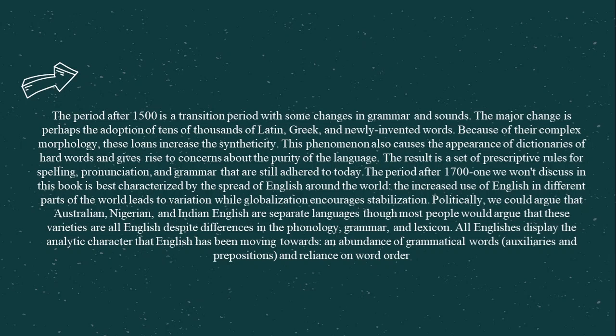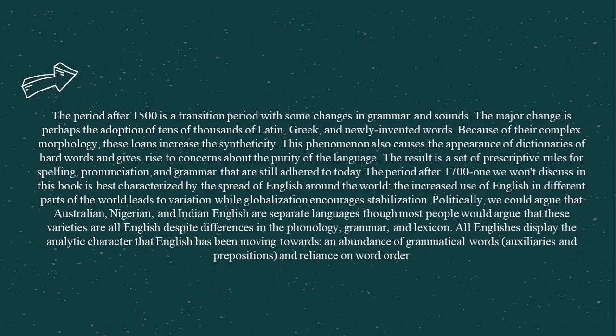This phenomenon also caused the appearance of dictionaries of hard words and gave rise to concern about the purity of the language. The result is a set of prescriptive rules of spelling, pronunciation, and grammar that are still adhered to today.